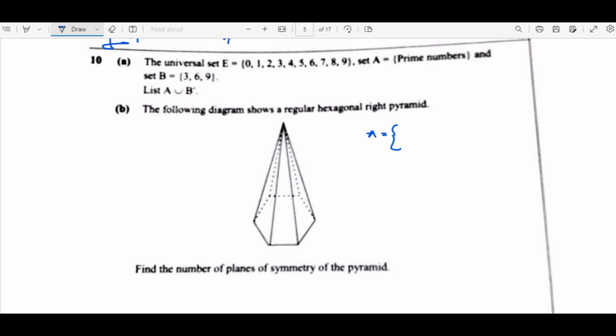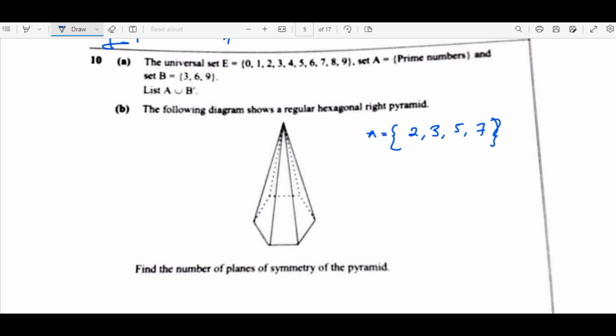In this case, the prime numbers we have here: 2 is a prime number, 3 is a prime number, 5 is a prime number, and 7 is also a prime number.